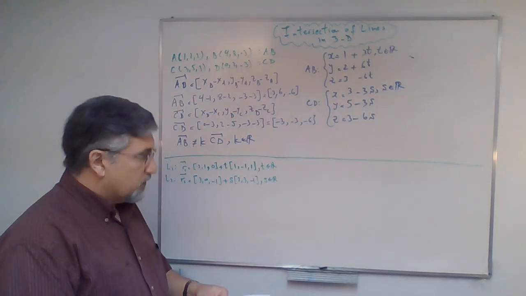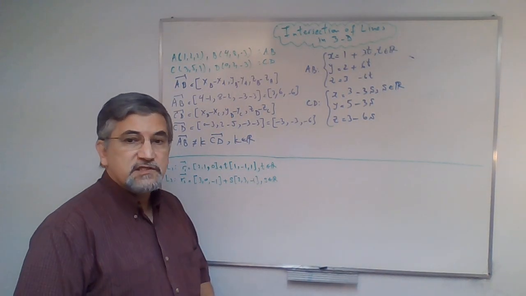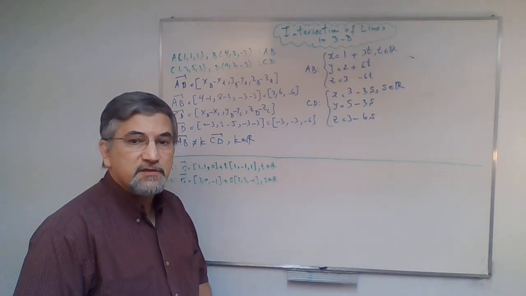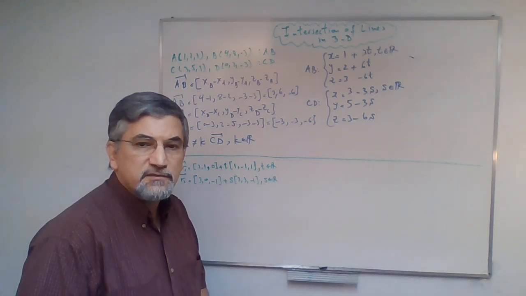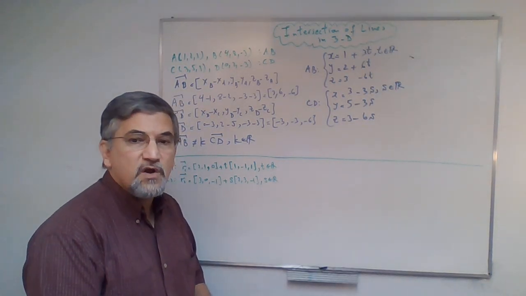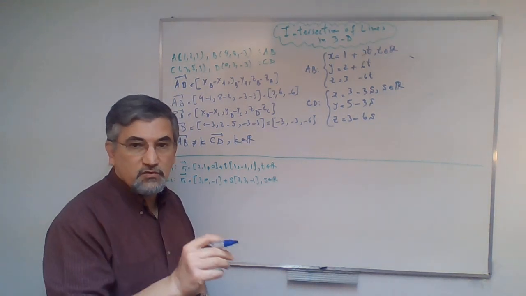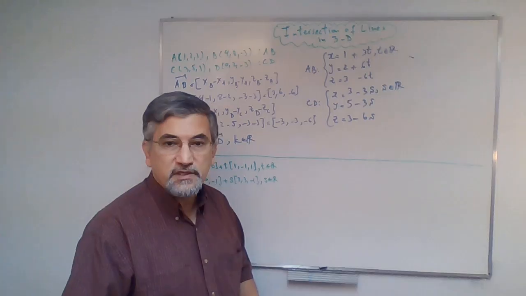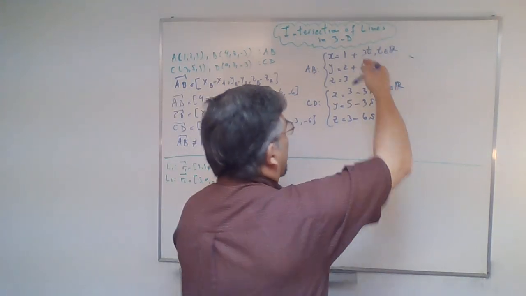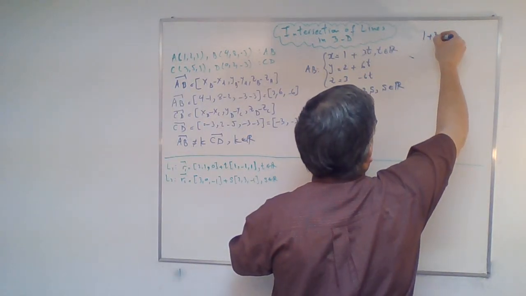Okay? So these two lines, if they intersect one another at a unique point, that so-called unique point must have exactly one x coordinate, one y coordinate, and one z coordinate. It can't have 10 different x coordinates. So this means that the x's must be the same.